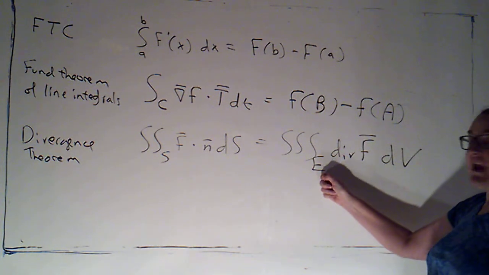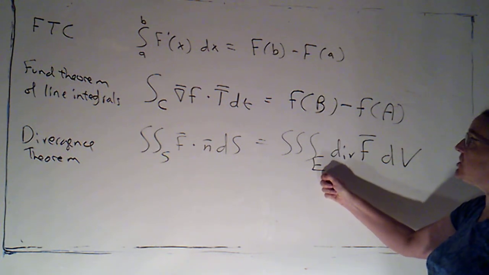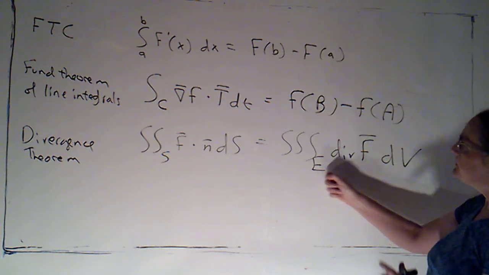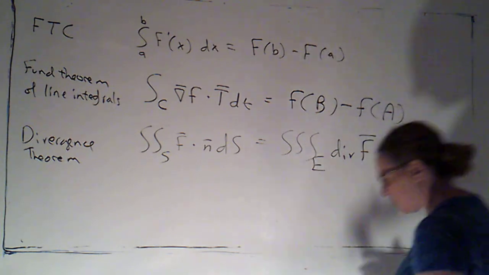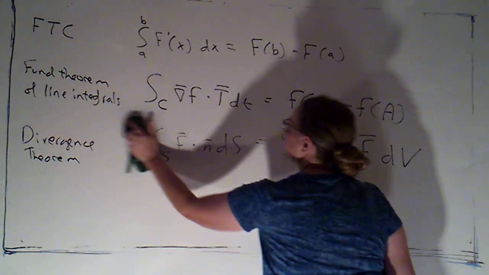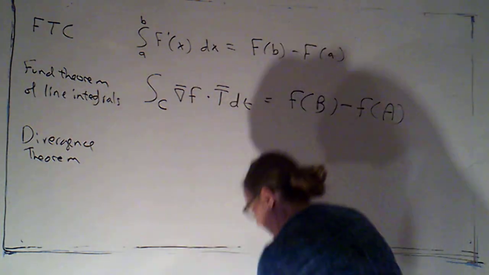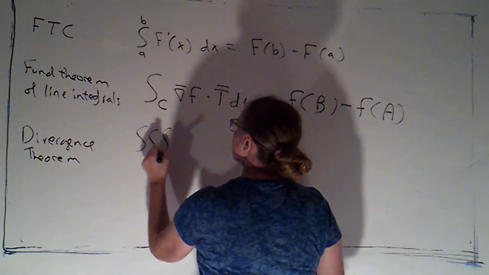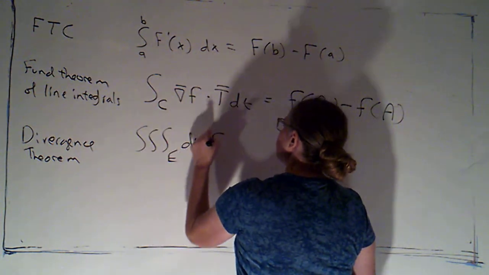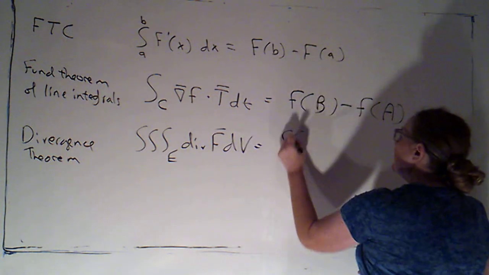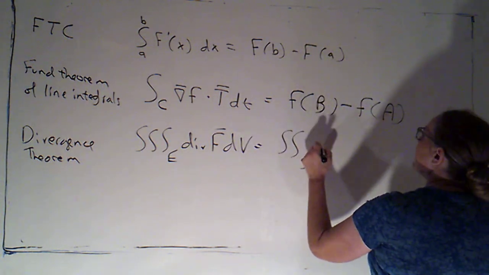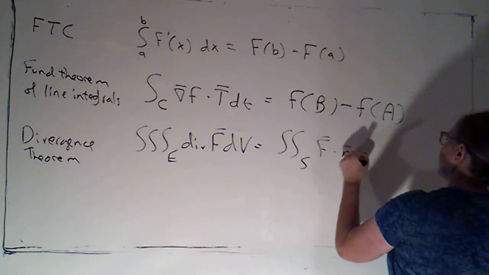So this was where we had a three-dimensional region E. Even though this is the way I usually write it, I'm actually going to write it the other way: the triple integral over E of the divergence of F dV is the double integral over S of F dotted with n dS.